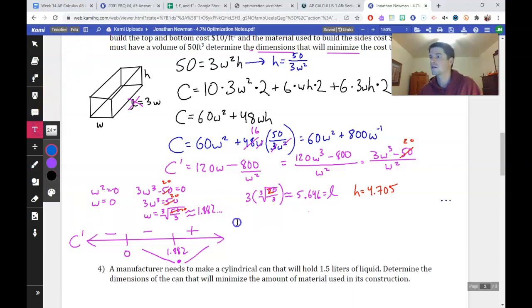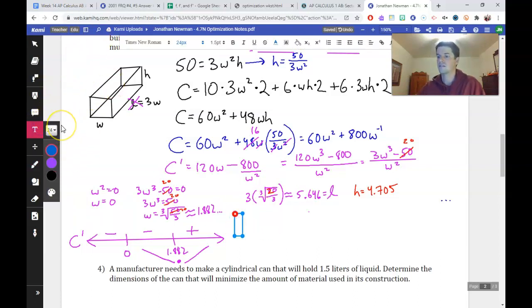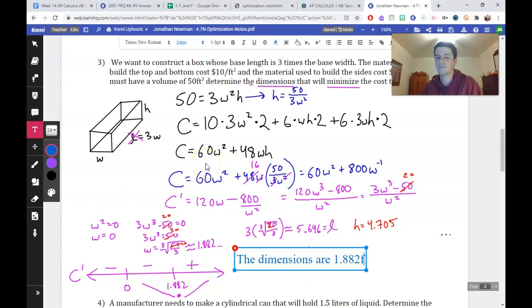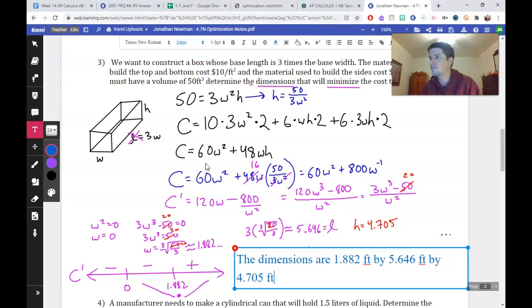We can answer with a sentence. The dimensions are 1.882, and we are measuring in feet, by 5.646 feet by 4.705 feet. There we go.